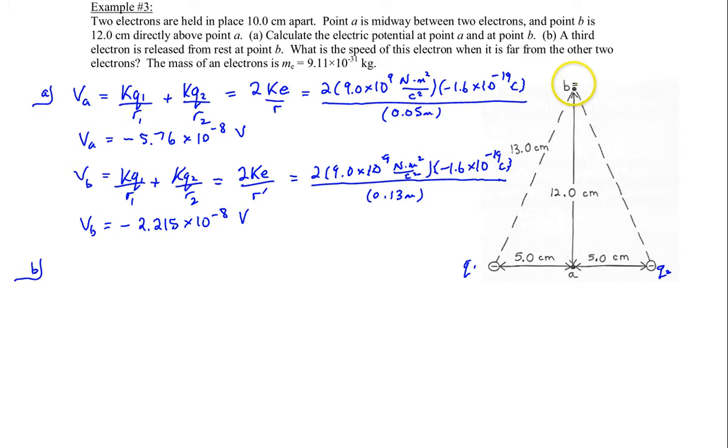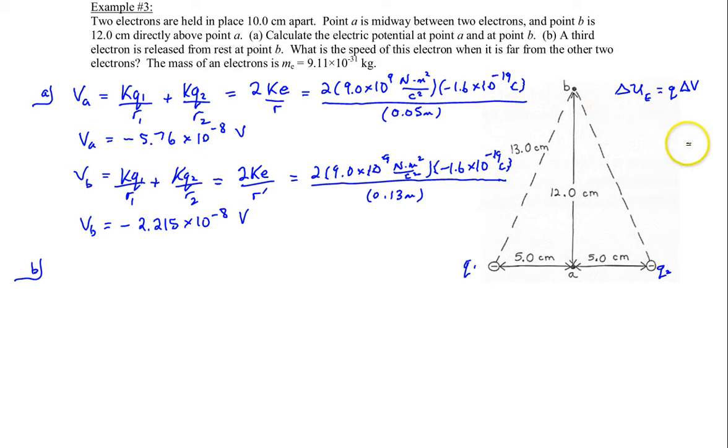What you need to recall is conservation of energy. When the electron is at position B, it has electric potential energy, which is equal to Q times delta V. At point B, it has this amount of volts, and if we find the potential difference, then we can find the change in electric potential energy, which eventually gets converted into kinetic energy.